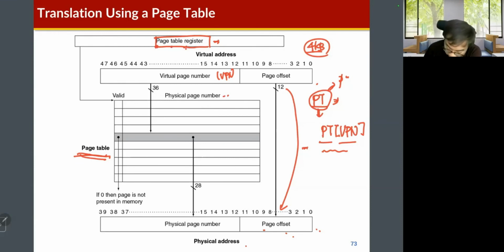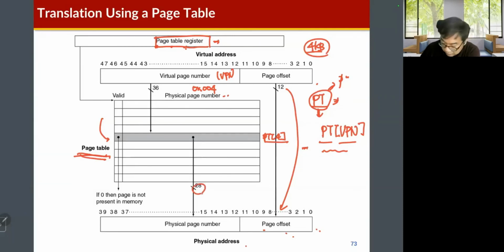So if this virtual page number is 0x004, then we just access page table entry 4. Okay, and then this page table entry includes the physical page number, 28 bits.